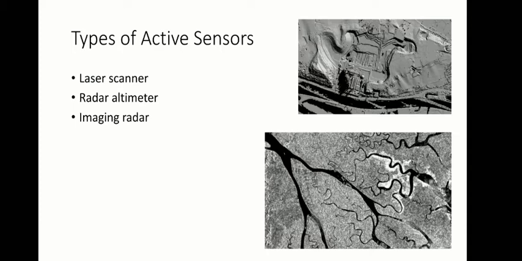Laser scanning is increasingly used for other purposes also, such as production of detailed 3D models of city buildings and for the measurement of tree heights in forestry, and it goes on. The image which you are seeing here is a digital terrain model with a 5-meter grid of St. Petersburg, taken from the survey department of Russia.